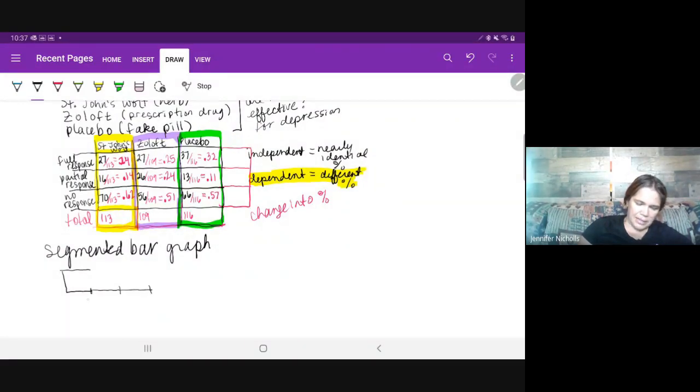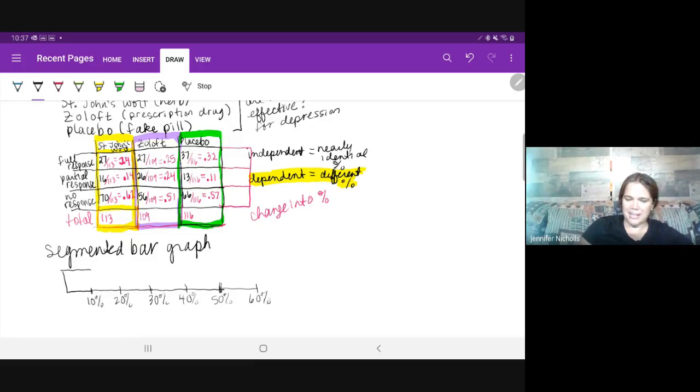So that's going to be 10%, 20%. Oh, yeah, you guys go forward. Don't go back. Don't do what I did. Don't go all the way. And you could put these as decimals or percents. Right? And then just make them equal. And then where it ends, it ends. Okay.